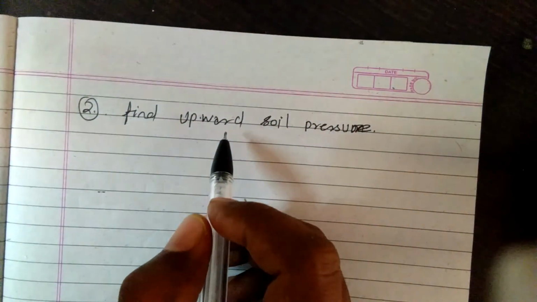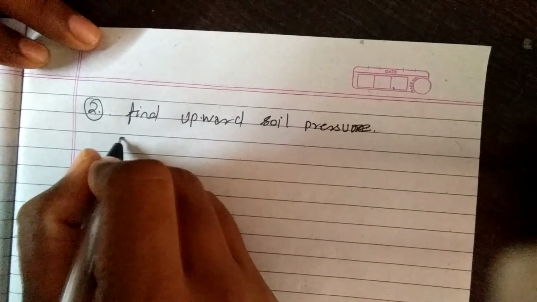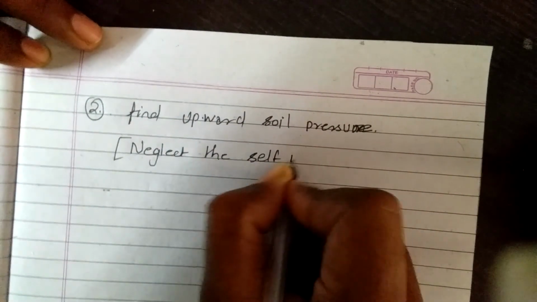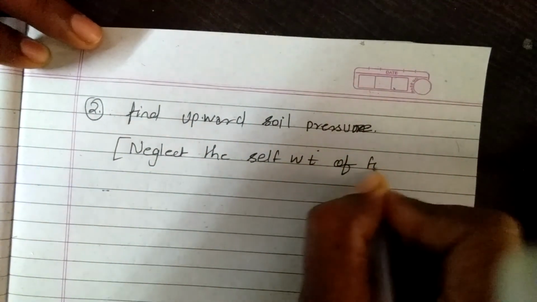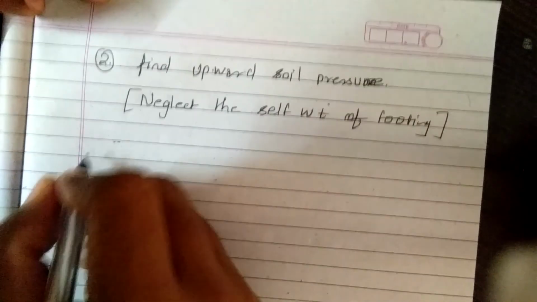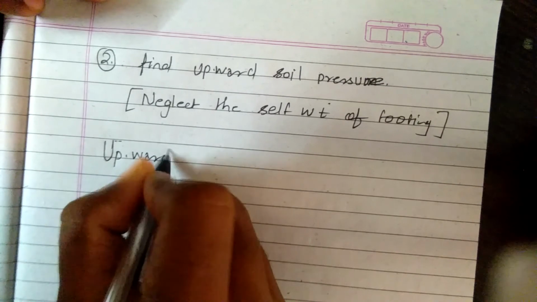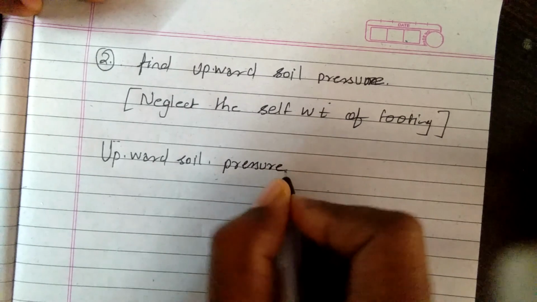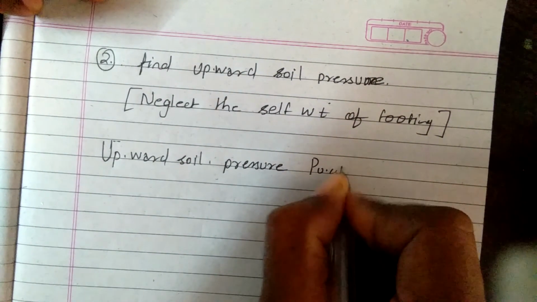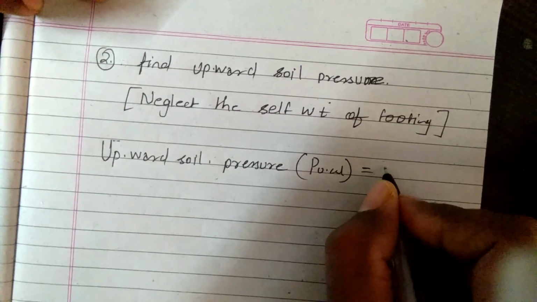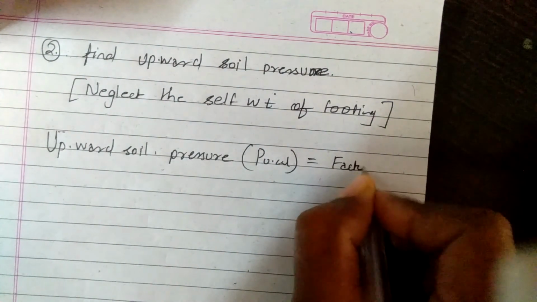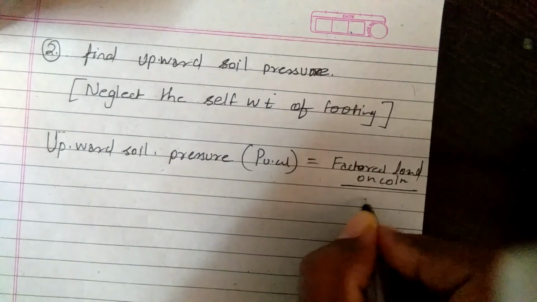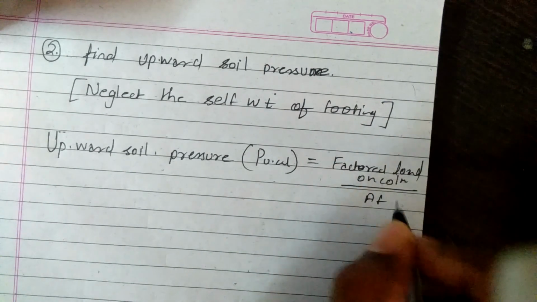While estimating the upward soil pressure, you have to neglect the self weight of the footing. Then the upward soil pressure, shortly you can write as q_u. In bracket it is the factored load on column divided by the area of footing. Okay, factored load on column.